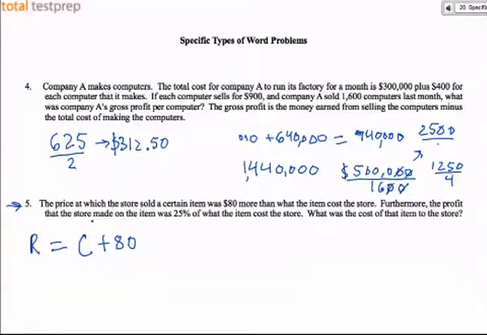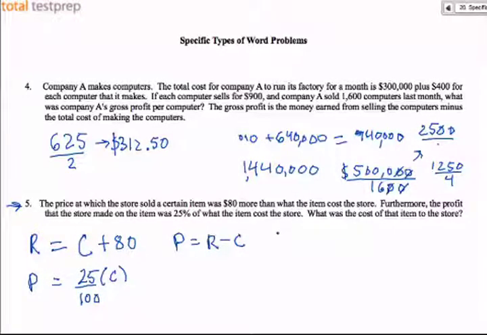The profit that the store made on the item was 25% of what the item cost the store. So the profit, we'll call that P, is equal to 25%, or 25 over 100, times the cost. So we can find out here that the profit is also equal to the revenue minus the cost.